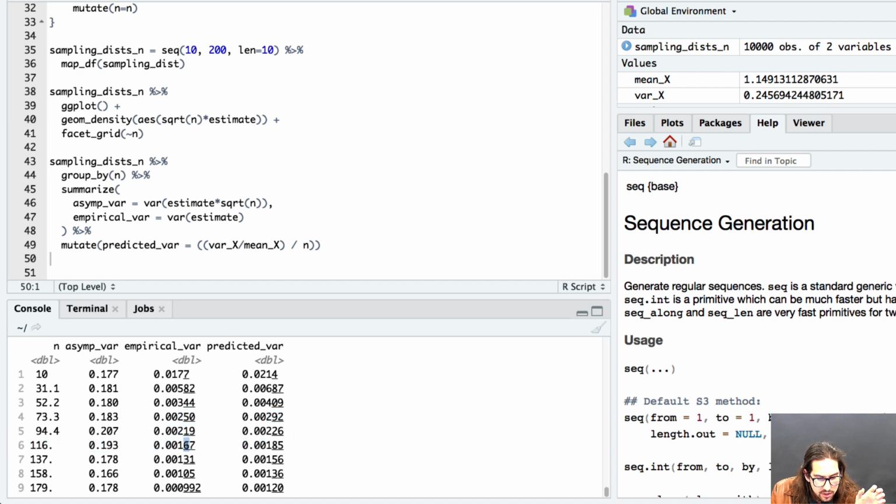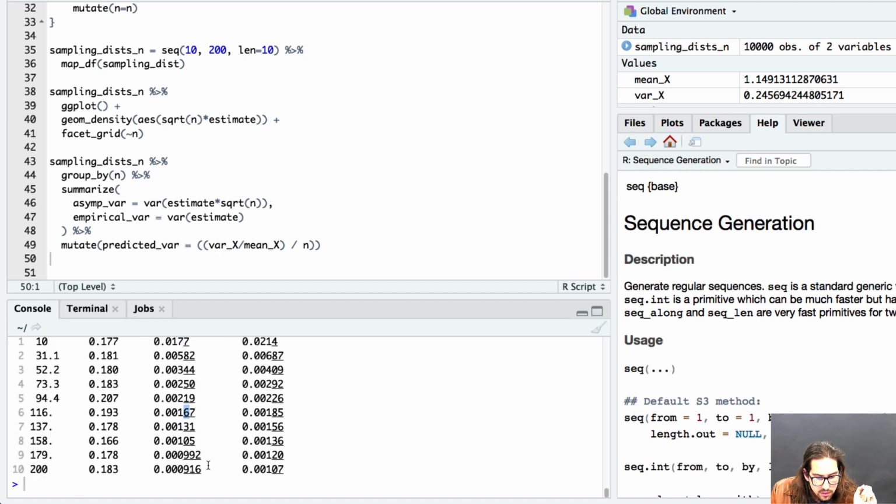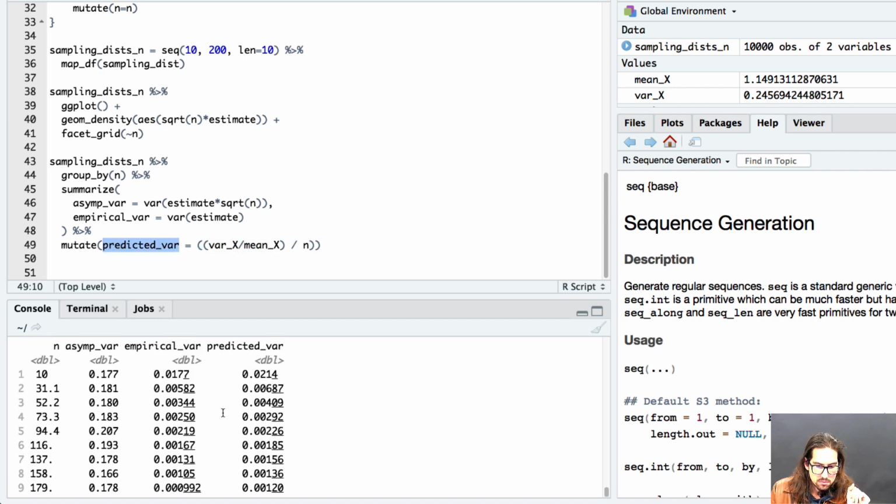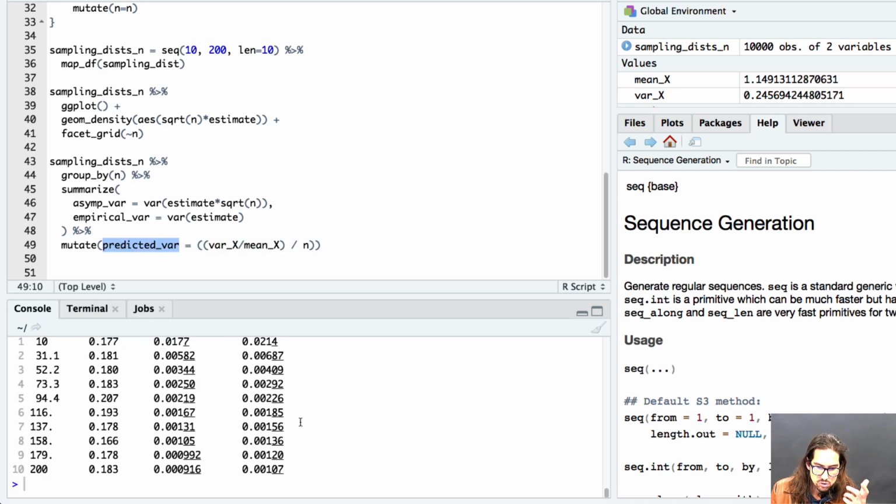Now the error is in the fourth decimal point here, and here it's a very small difference, like 9 versus 10. So the differences are getting smaller and smaller. This is the predicted variance, and this is the true one.